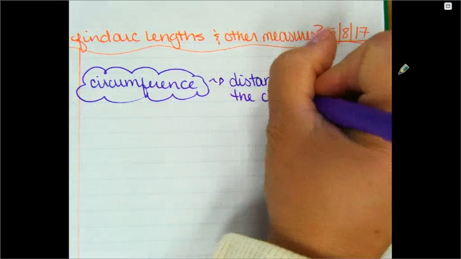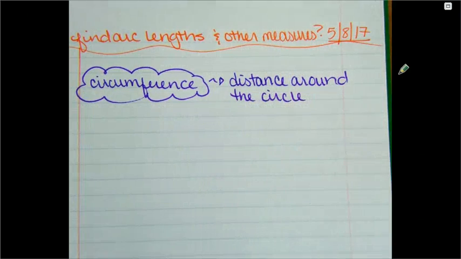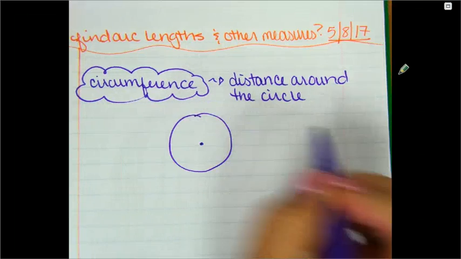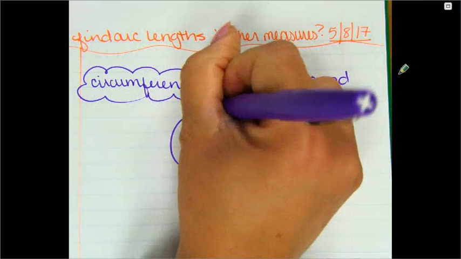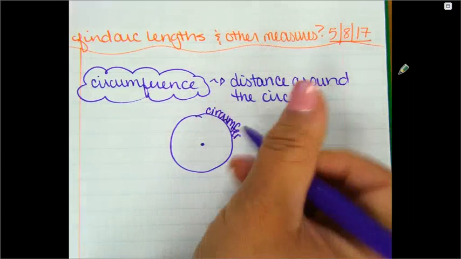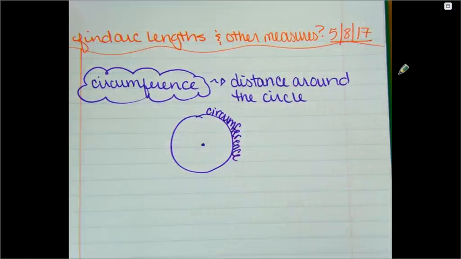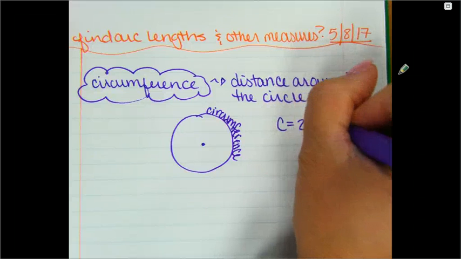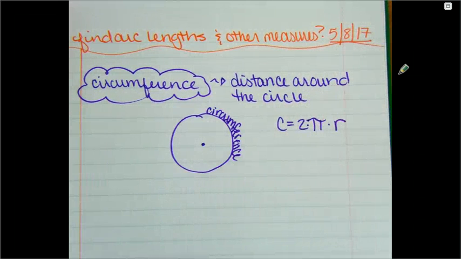It is distance. Circumference goes around. Circumference is equal to 2 times pi times r.